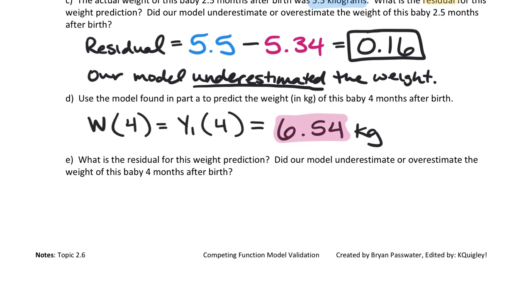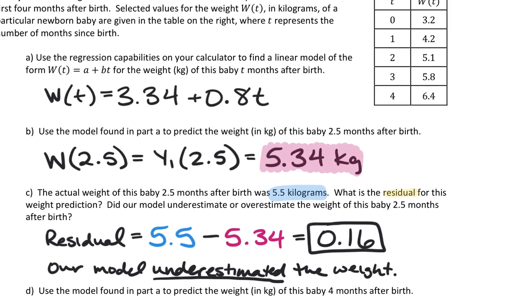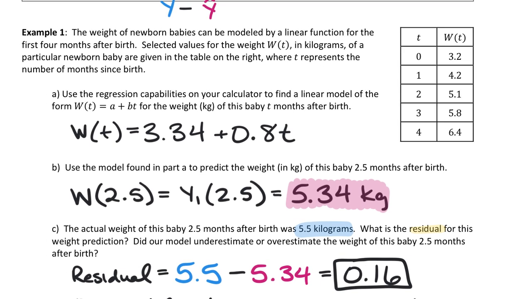The question E says, what is the residual weight for this weight prediction? And did our model over or underestimate the weight of the baby 4 months after birth? It didn't tell us what the baby was weighing 4 months after birth. But we have that information up here. In the table, we have the actual weight of the baby after 4 months. We can see the actual value in the table.